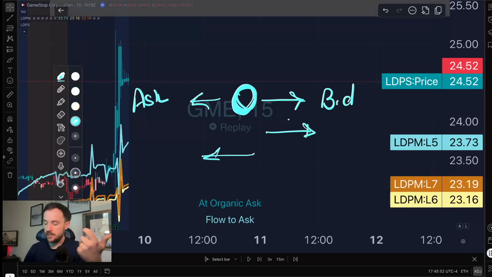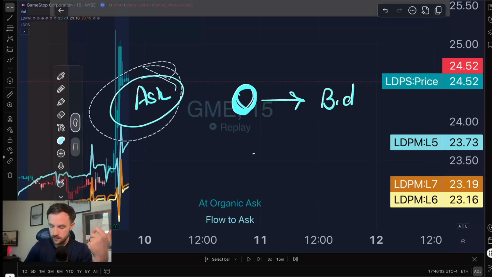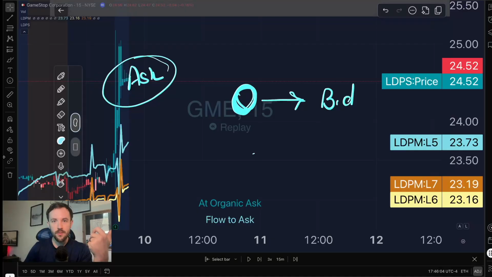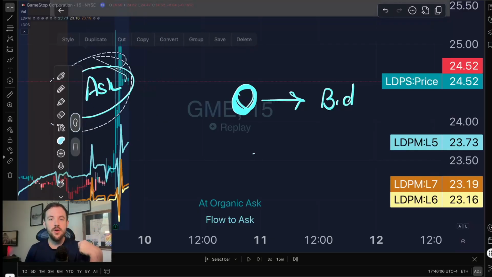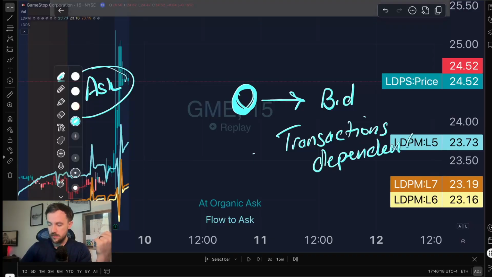What that means is when liquidity is closer to the bid than the ask, then it tells us that transactions, or the ability to transact, are becoming dependent on the bid.